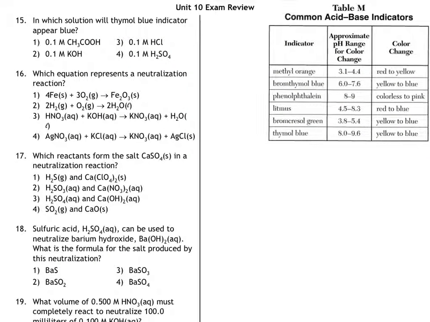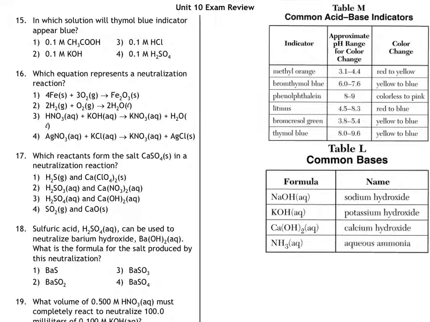So guys, for this question where it says, in which solution will thymol blue indicator appear blue, we do know that we need to choose a base, and we will also need to use Table M to see what the pH range changes are. So let me pull up, in addition to Table M, Table L, so that I can see where my bases are. I can see right here KOH is definitely a base, and there it is listed as well.